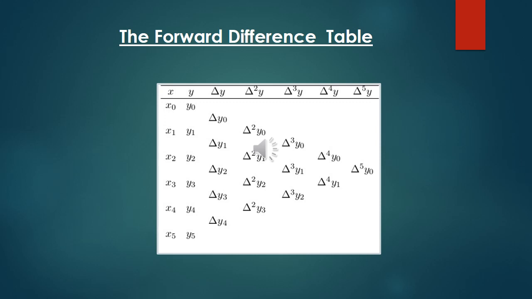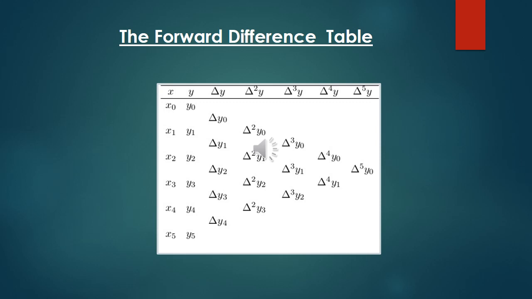The first element in that column is delta y0, which is defined as y1 minus y0, and we write the value of delta y0 between y0 and y1 in the delta y column.